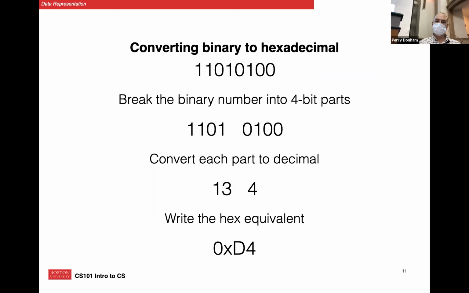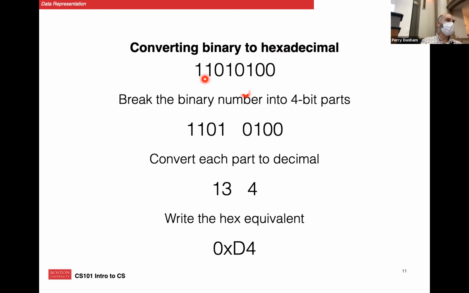If I want to convert binary to hex, so I'm looking at a binary value and I want to know what it is in hex, or going the other direction, all you have to do is break it up into 4-bit chunks. Here I've got this big number, and all I've done is break it into two 4-bit chunks.